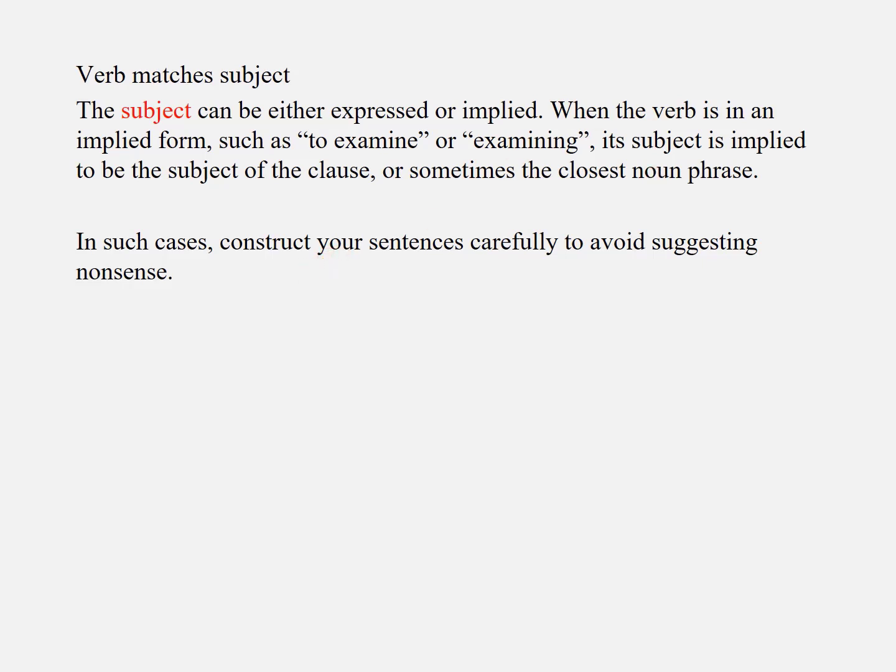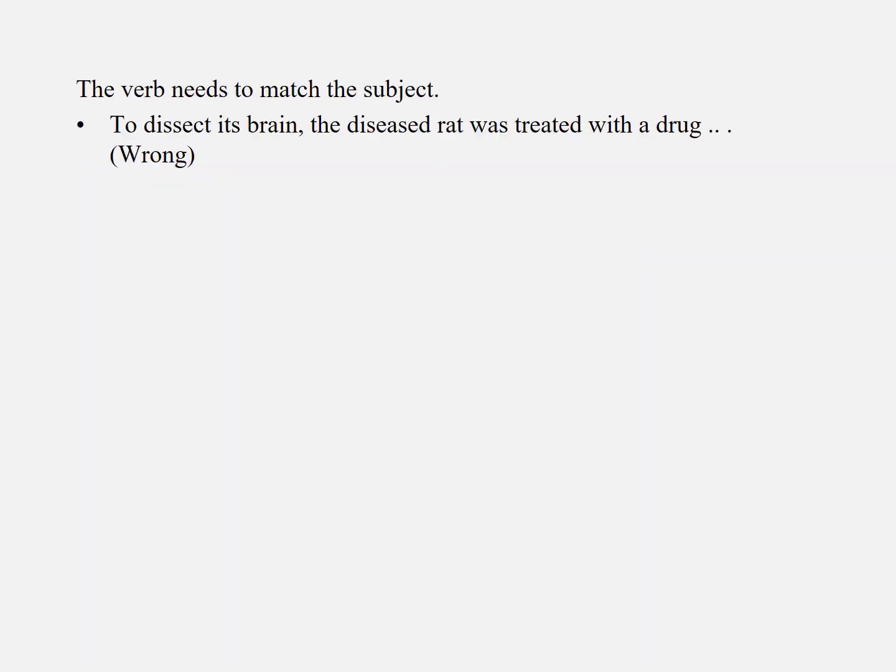In such a case, when you construct your sentence, you need to be careful to avoid suggesting nonsense. I will explain this in the next slide. Here I use this sentence to explain that the verb needs to match the subject.